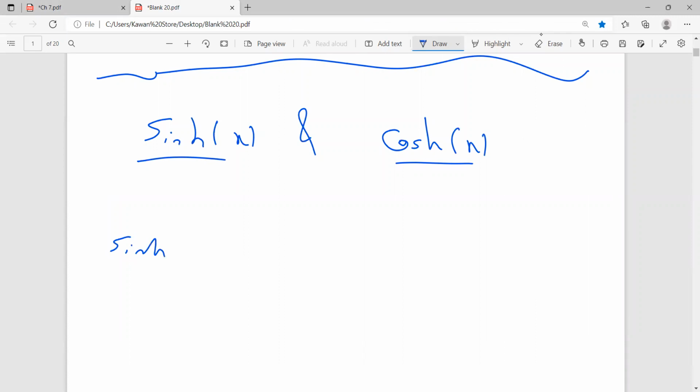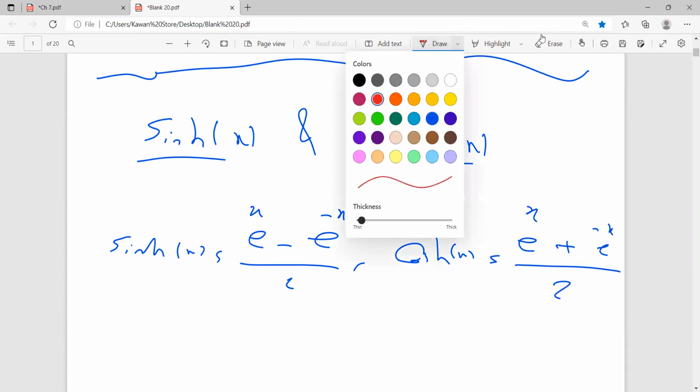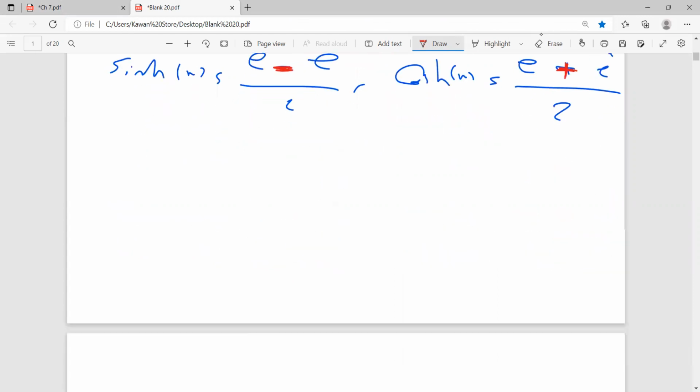Sine hyperbolic is a combination of 2 exponential functions, and the cosh of x is again a combination of 2 exponential functions. The difference between them is addition and subtraction. This is the first definition. So cosh and sinh are like that.